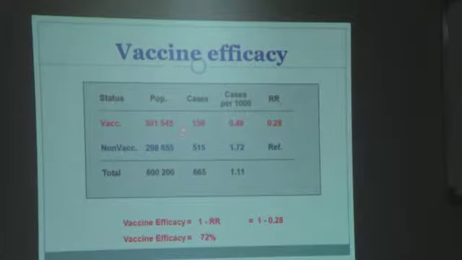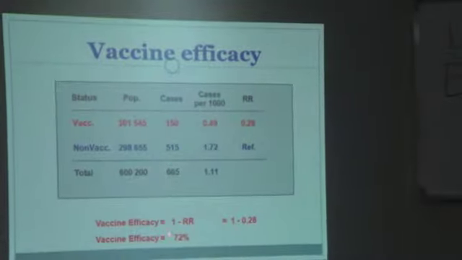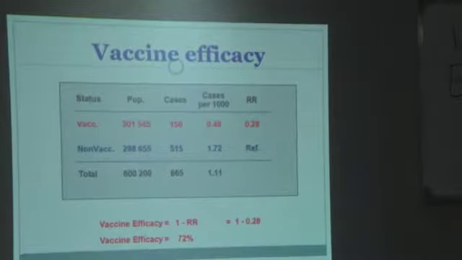So if you just go into a population and conduct a study, not caring about other factors, you just look at the people who got the vaccine, look at the cases of measles, take your measures, you're likely to get a vaccine efficacy of 72%. You say, good, this is good enough. Once you roll this vaccine out into a population, it will prevent measles in 72% of the population.